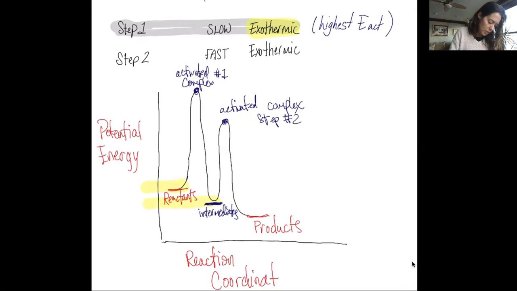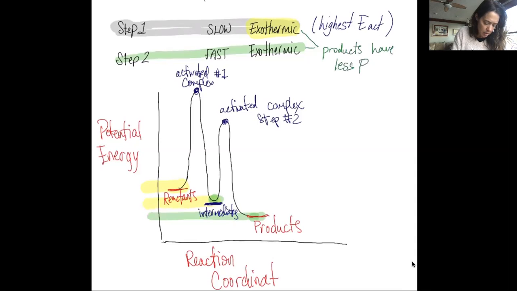And then we see step 2, which is the fast step, has the lower activation energy, and its initial energy is here, and the final energy is here. So we see that once again, the products have less energy than the reactants. So in both of our exothermic steps, we see that products have less potential energy than reactants, okay?